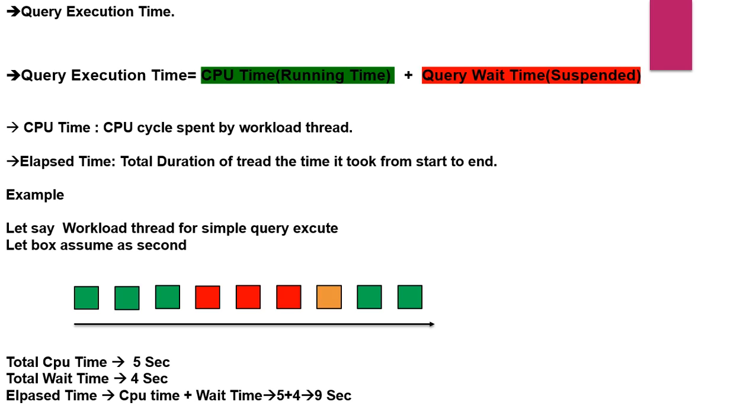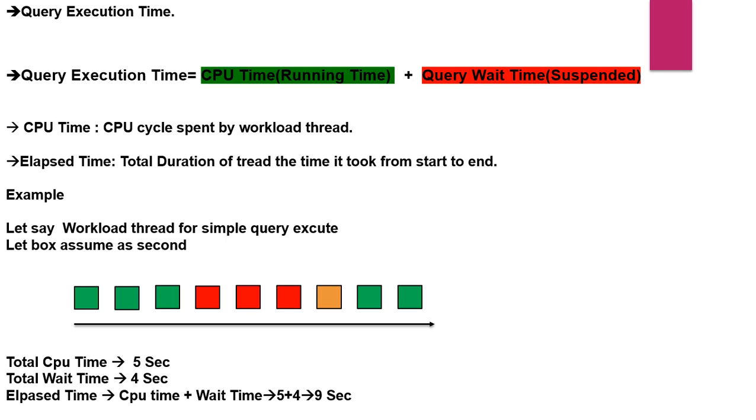Let's say the query runs for 3 seconds, then is on hold for 3 seconds, as shown in the figure: 3 green, 3 red. After that it is ready to run or resume again for 1 second, that is the orange. After that it runs for 2 seconds and completes, as the last two are green.